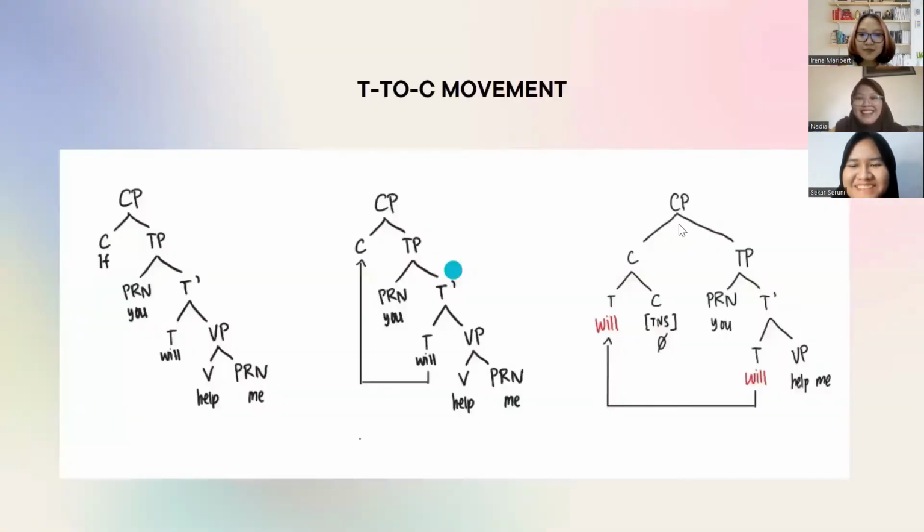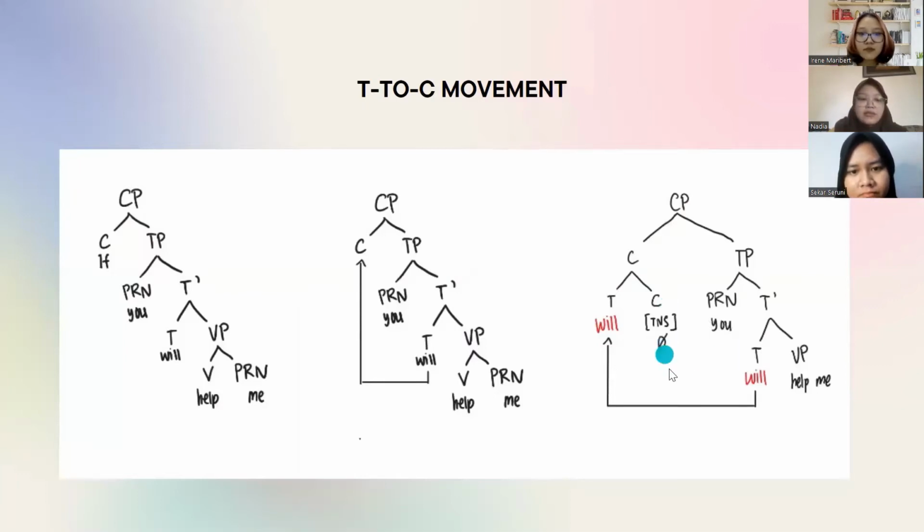The last tree diagram is the TNS feature on the strong null affix in C attracts the auxiliary will to move from T to C in the manner shown by this third picture in this PPT, as you can see here. And the TNS feature on C is thereby deleted, and it becomes inactive.